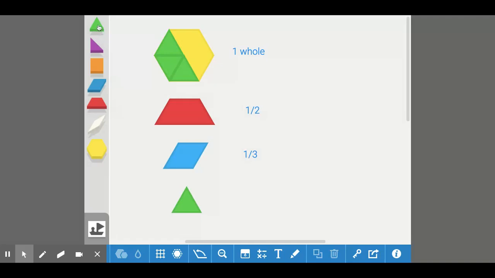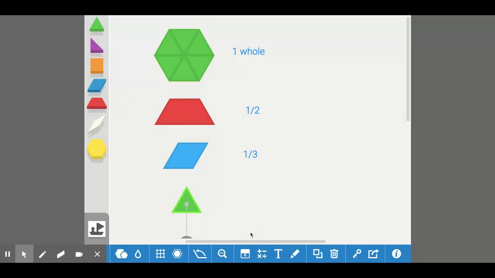That's a good question. Keep going. So 3 triangles makes half of the hexagon. And 6 triangles makes the whole hexagon. Okay, so you can see that 6 fit there.